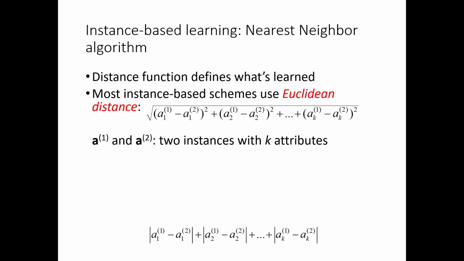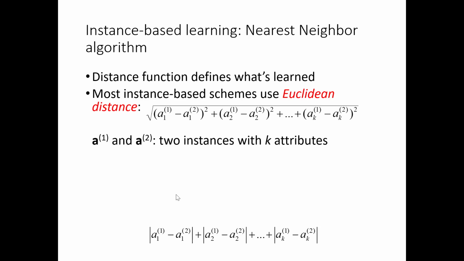So given a point, we have a1, a2, and so on up to ak. You get the differences between the corresponding attributes, square them, sum them, and then take the square root of it. When you get the sum of squares and then take the square root, this is called Euclidean distance.